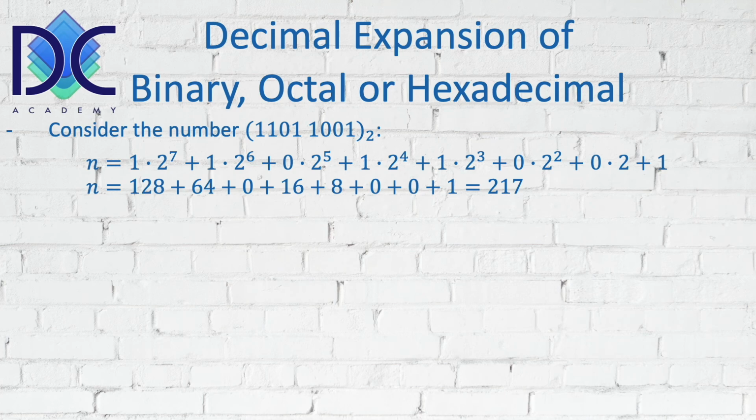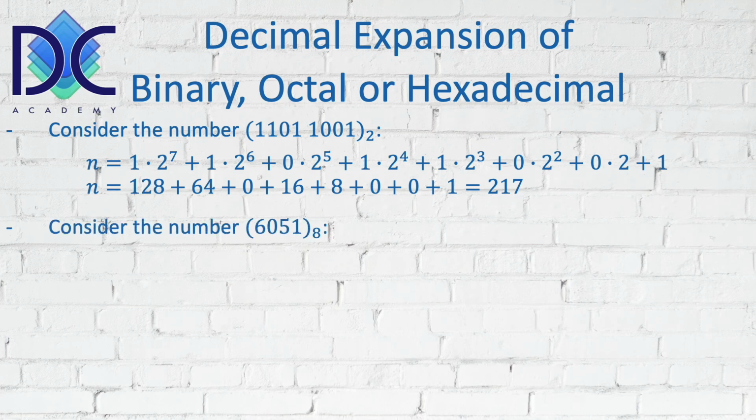We can say it's 1 times 2 to the power 7 plus 1 times 2 to the power 6 plus 0 times 2 to the power 5 plus 1 times 2 to the power 4 plus 1 times 2 to the power 3 plus 0 times 2 to the power 2 plus 0 times 2 plus 1. So basically we have the coefficients 1 that we have in the binary number. These are replaced in this expression. So when we calculate it, we find that n finally is equal to 217.